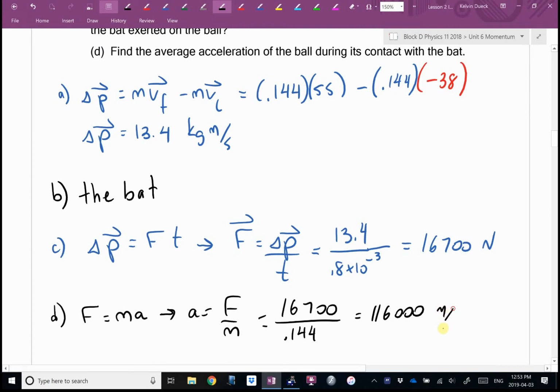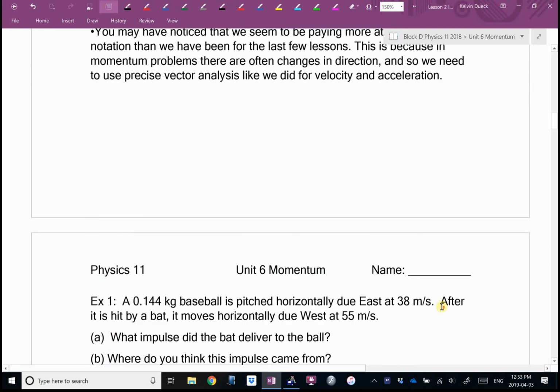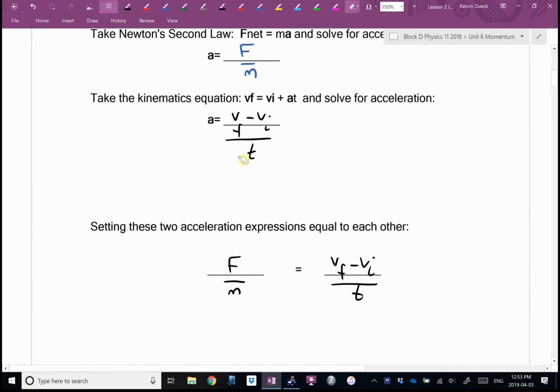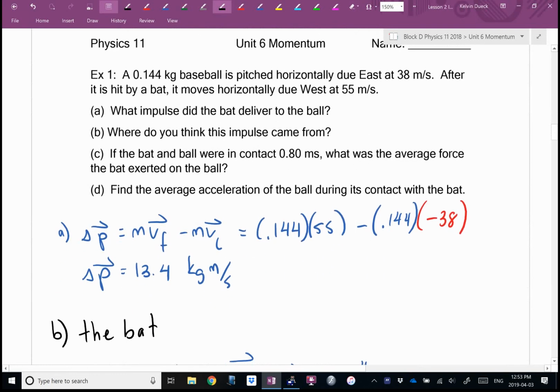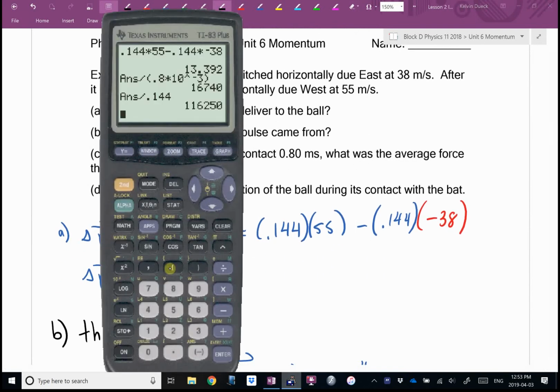Now, if I wanted to check this, I could also find the acceleration by using the equation that Evan gave us earlier, VF minus VI over t. If I wanted to check, I could go, okay, VF 55 minus VI over bracket 8 times 10 to the negative 3, and I should get the same answer.